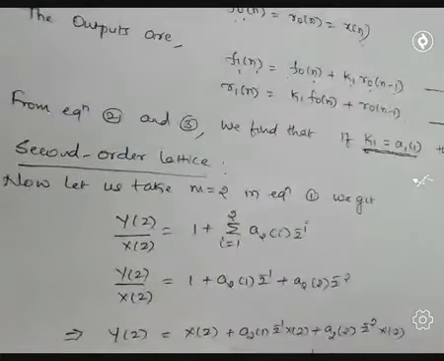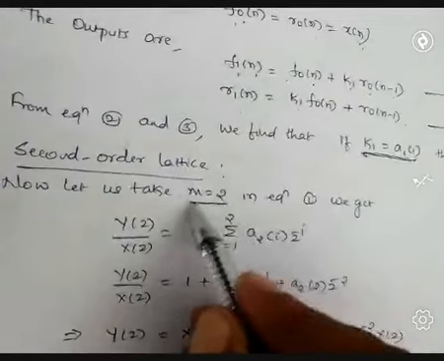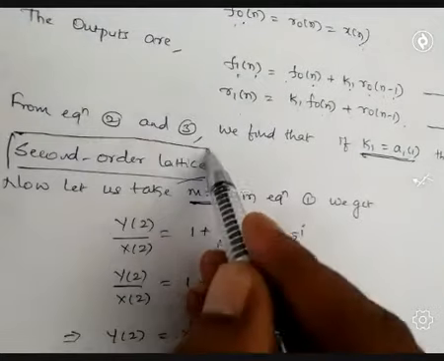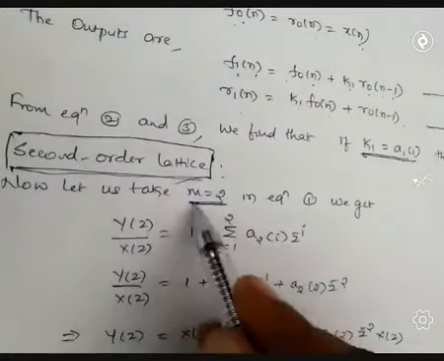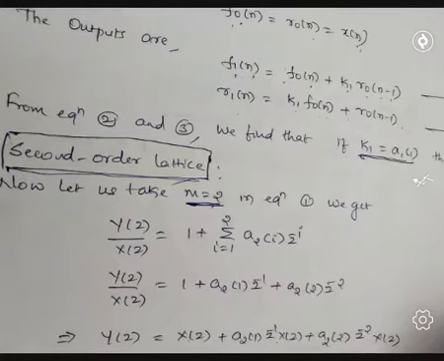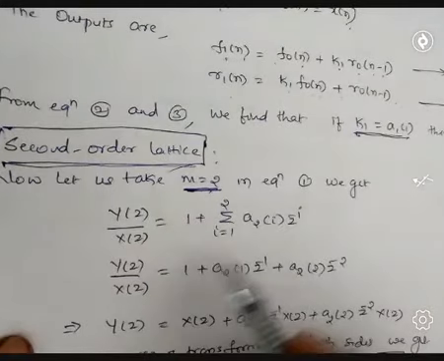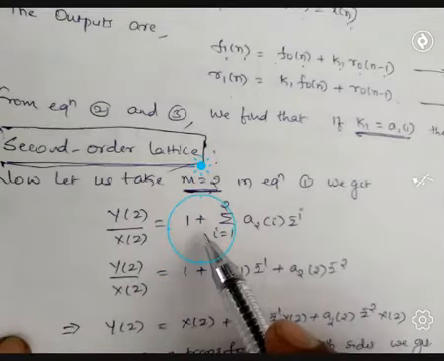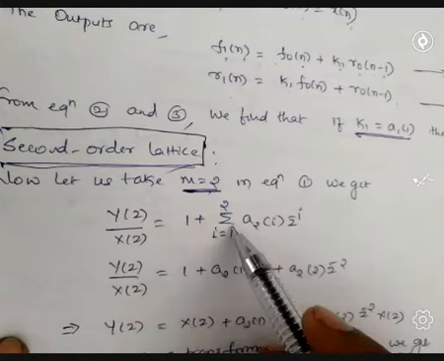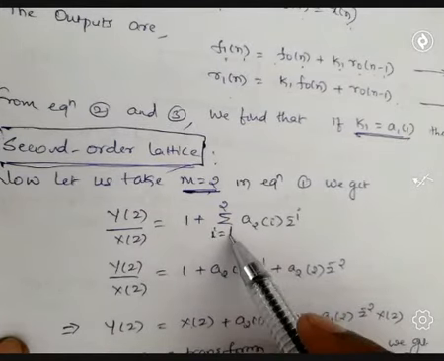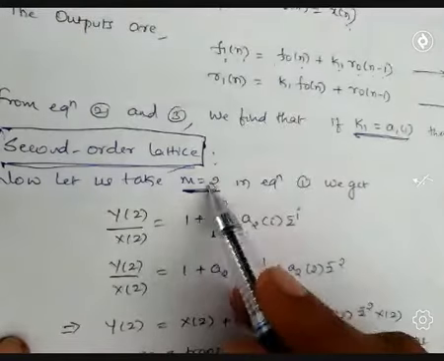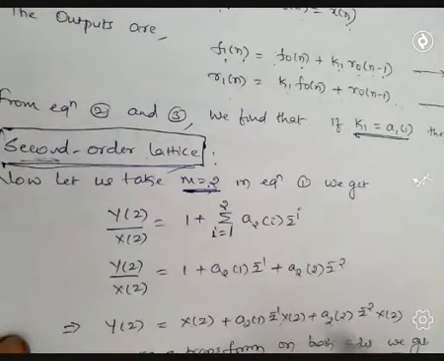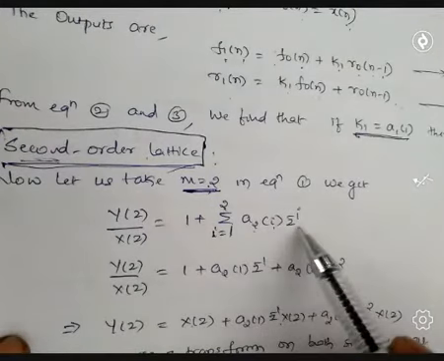Second order structure means we have to take the order of the filter as m equal to 2. Now we are calculating the second order lattice structure. If you substitute m equal to 2 in the equation, that is the ratio of y of z by x of z, that is equal to 1 plus summation over the limits i equal to 1 to 2, because the order of the filter we have taken as 2. The reason is we are calculating second order, let us say a2 of i z to the power minus i.